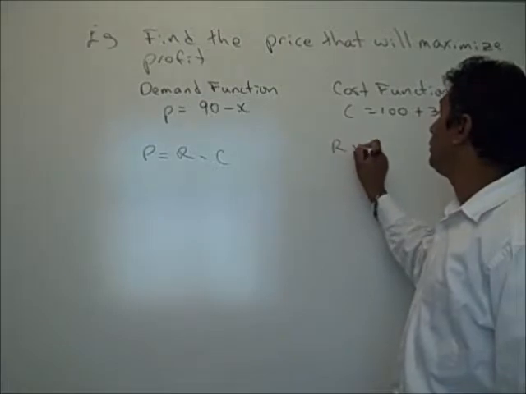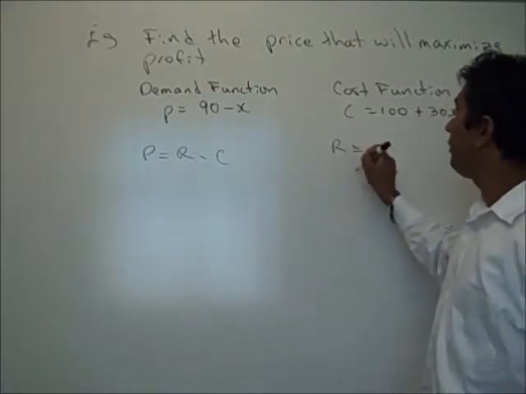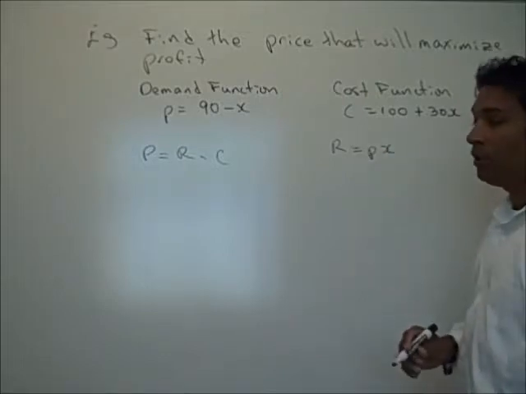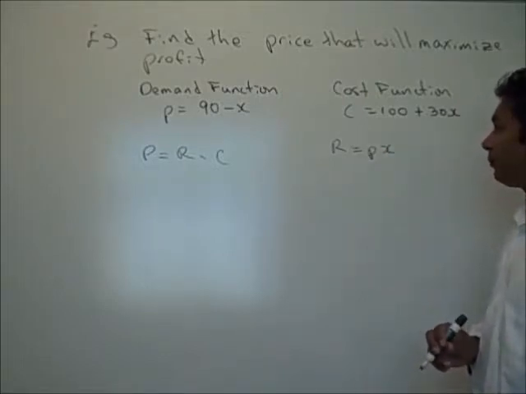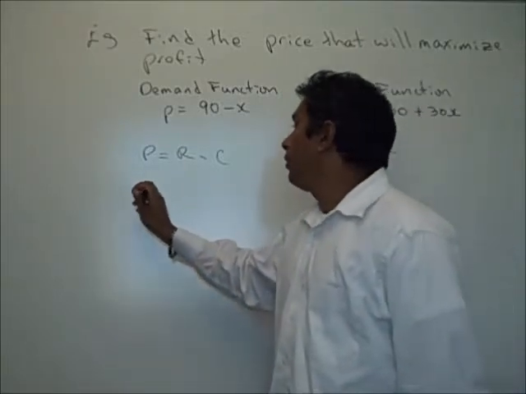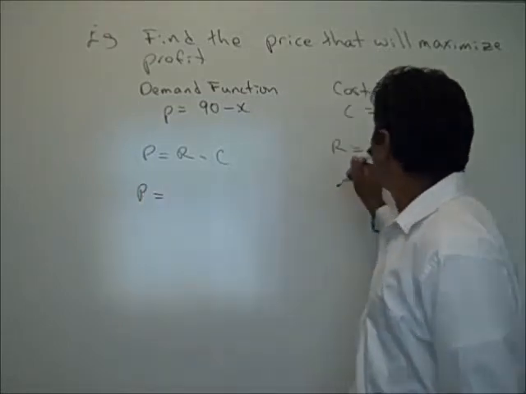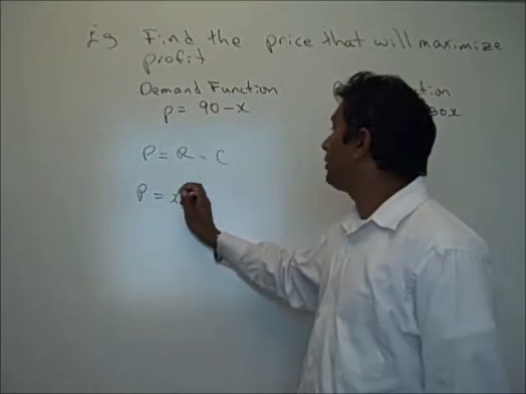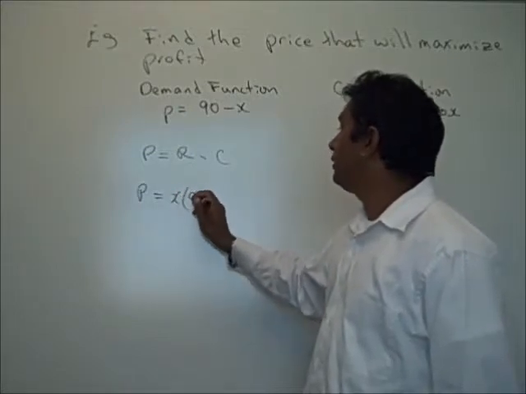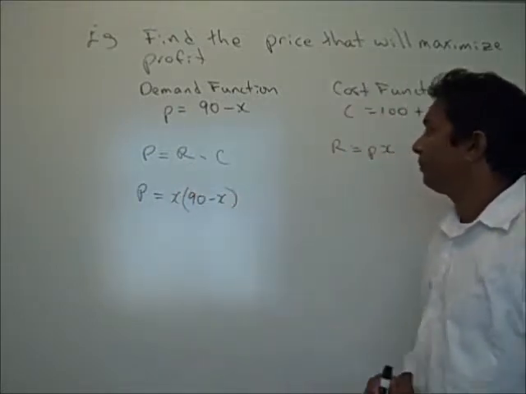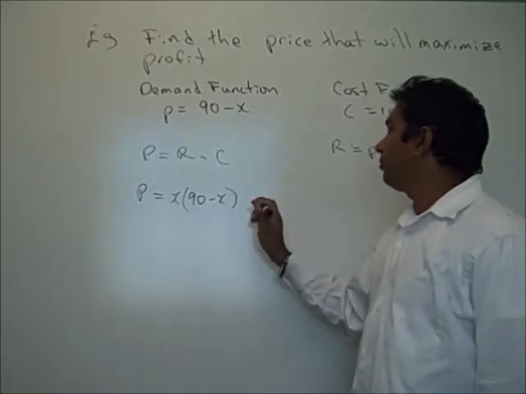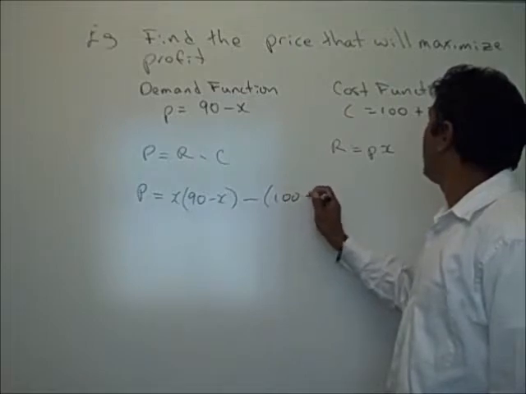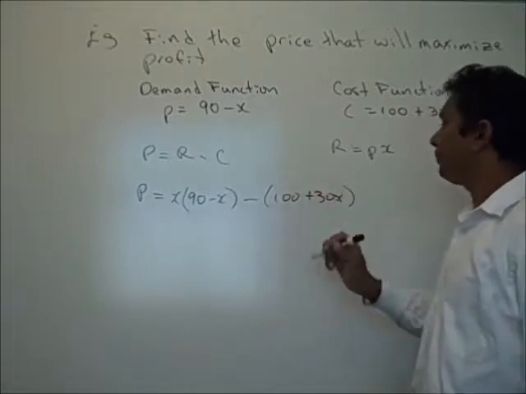Our revenue is equal to our demand function P times our number of units x. So R is P times x, so this becomes x times 90 minus x. So this is our revenue minus our cost, which would be 100 plus 30x.